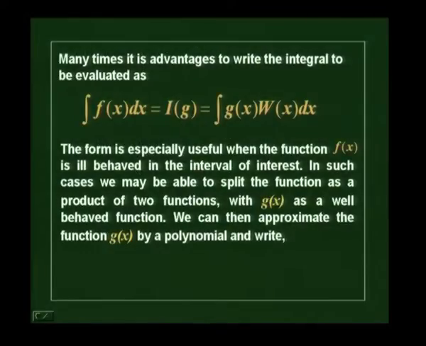So, in that particular case, it is useful to write this as a well behaved function in the interval a to b multiplied by a weight, some kind of weight w of x dx.